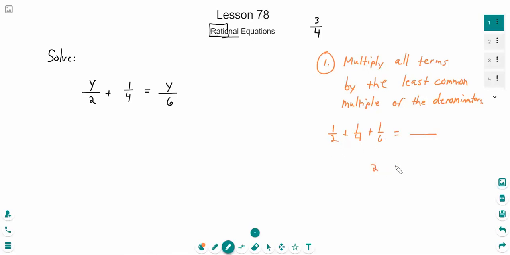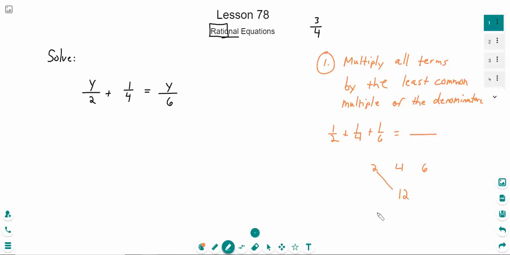You would take that 2 and that 4 and that 6. That's 6. And you would ask yourself, what is a common multiple? Preferably the least common multiple of these three numbers. Okay? So in other words, what number can all three of these go into? And what's the smallest number that all three of these can go into? Well, the answer would be in this case for these three, 12, right?